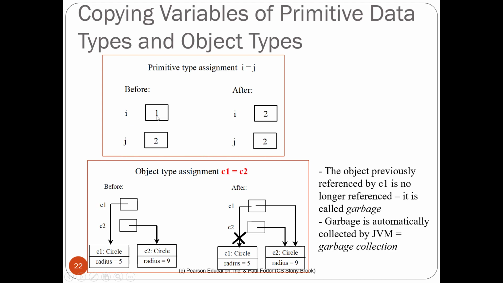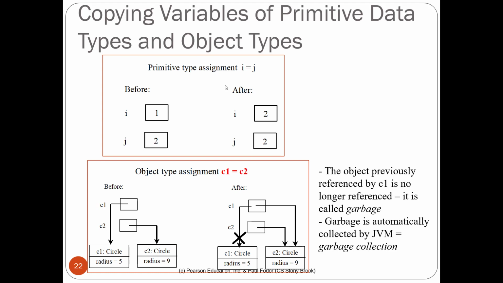I has been assigned a value 1, j has been assigned a value 2. And then you do this assignment, you say that I is equal to j. So your intention was to put the same value which was in j in I also. And I and j are both integer, primitive type.